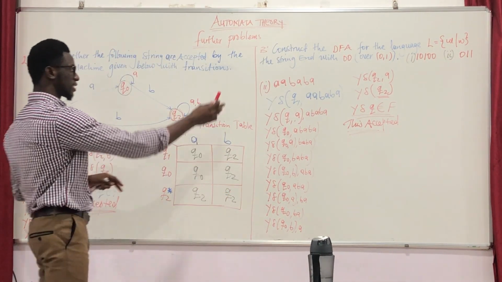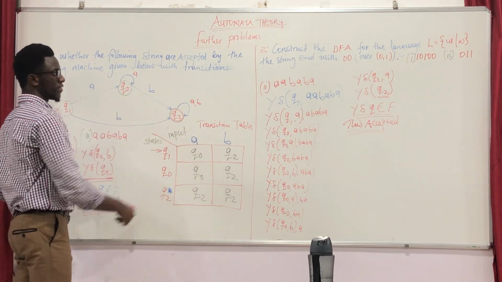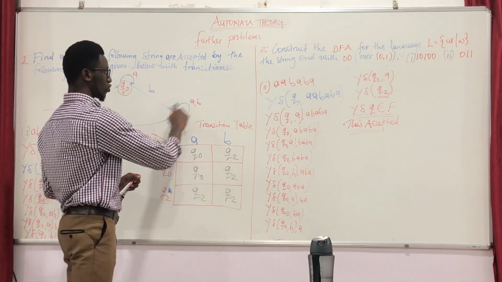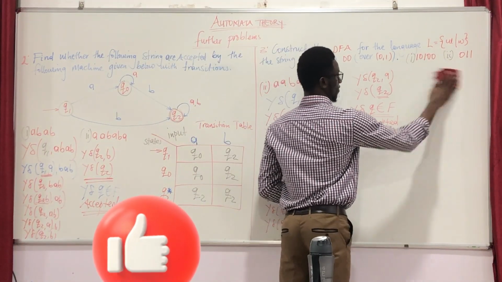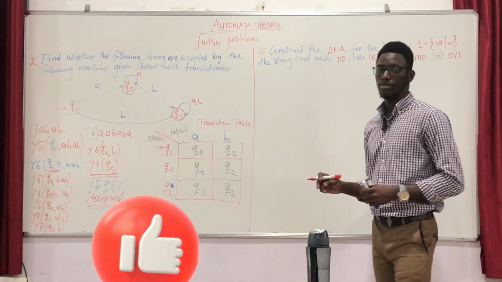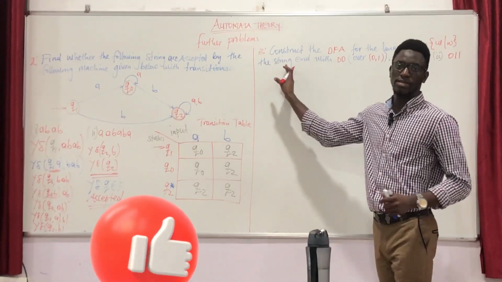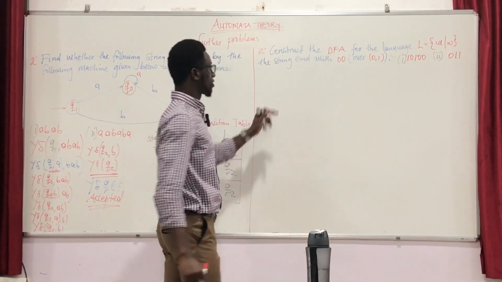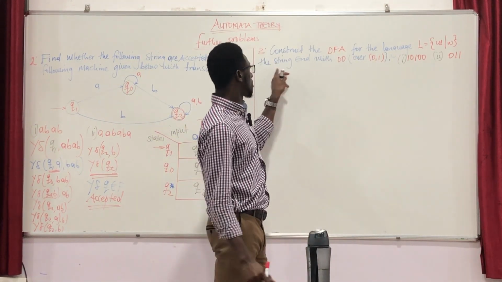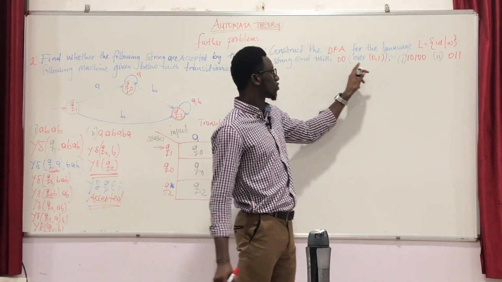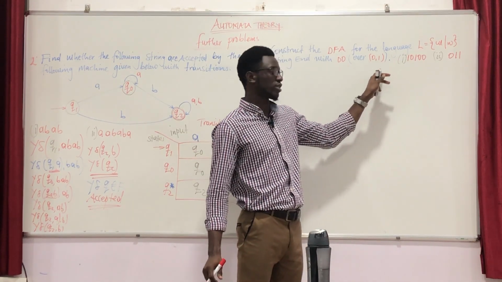But first, let's try to utilize this space. We try to efface here and solve the other problem. This other problem says construct a DFA for the language where the string ends with 0, 0 over 0, 1. This one is binary.